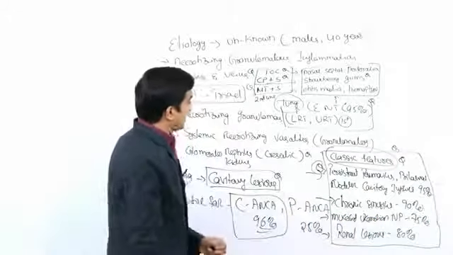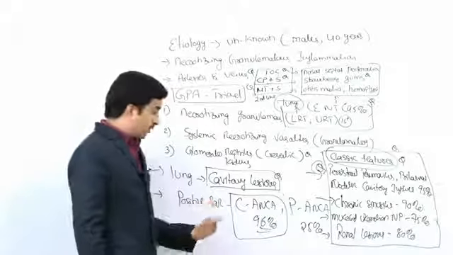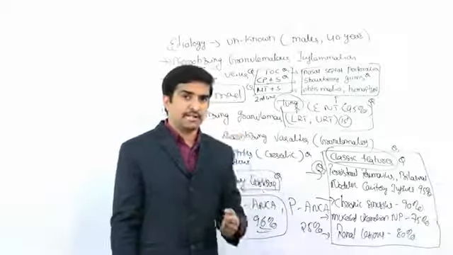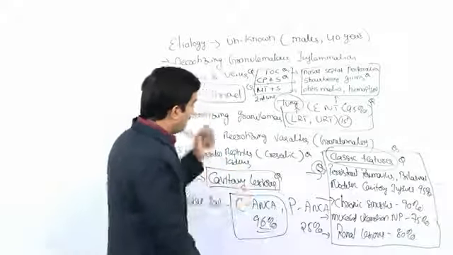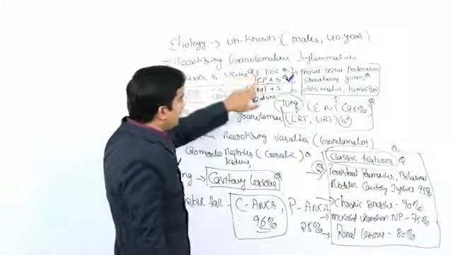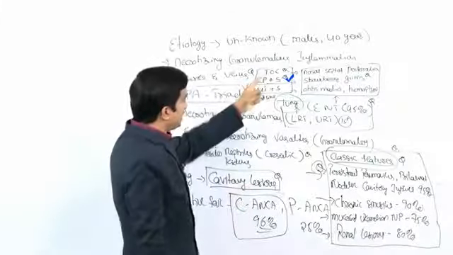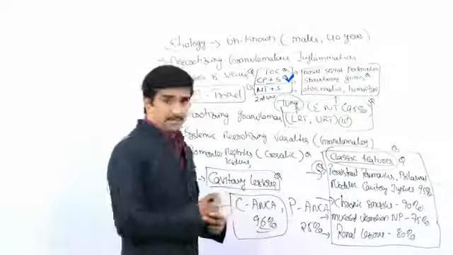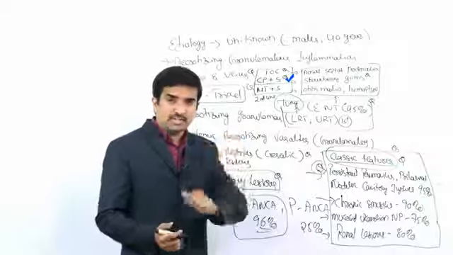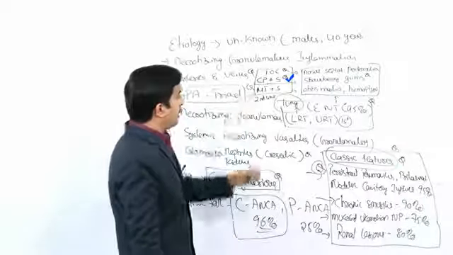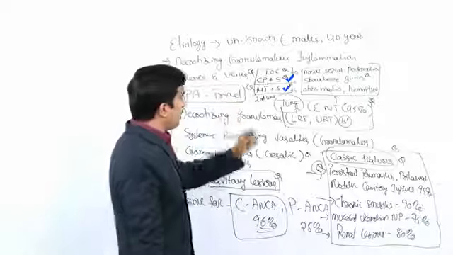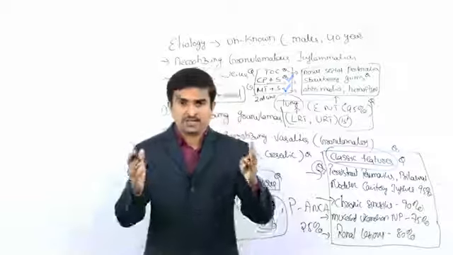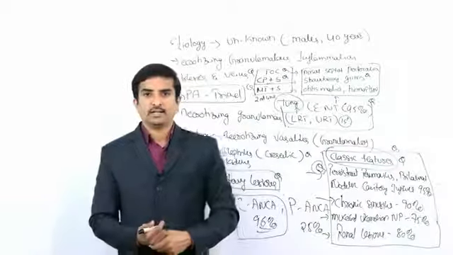Among tests, C-ANCA is positive, and histological staining is the gold standard for diagnosis. The treatment of choice is cyclophosphamide in combination with steroid. If cyclophosphamide toxicity is seen, then we give the alternate therapy, methotrexate in combination with steroid, as second line of therapy. This is what we need to know about Wegener's granulomatosis.